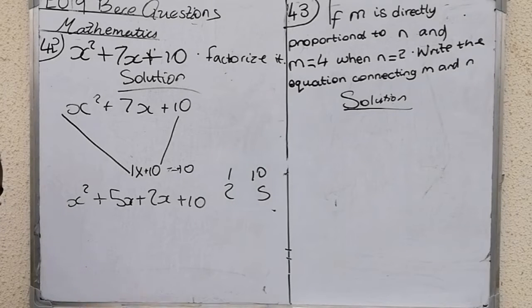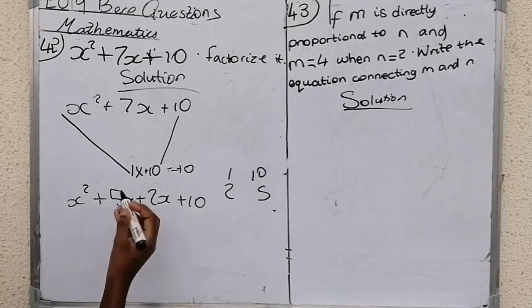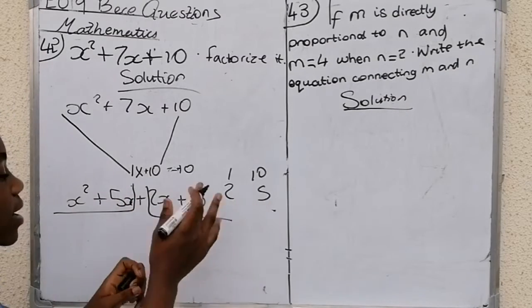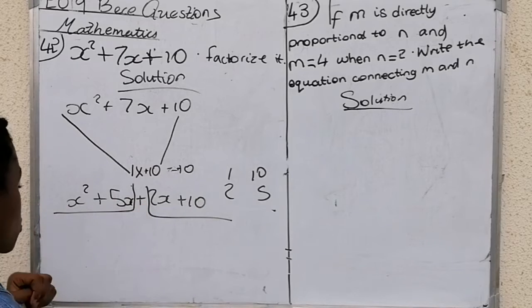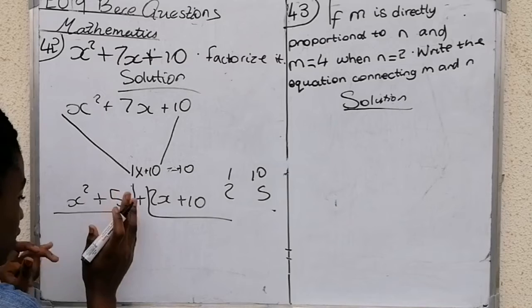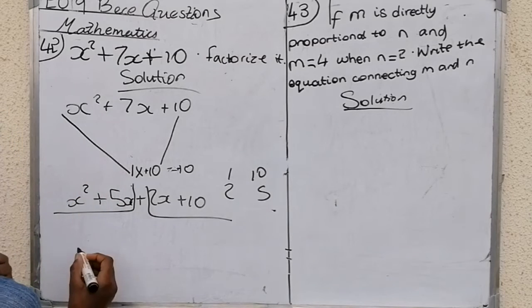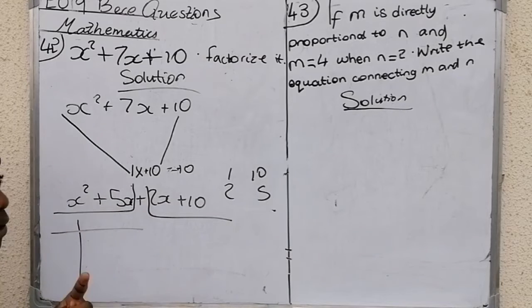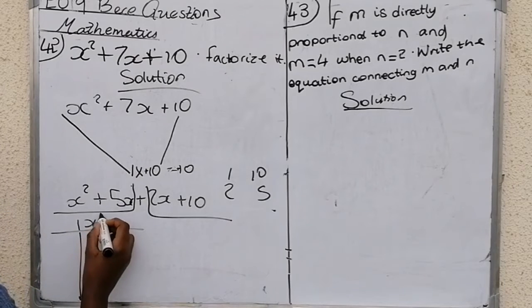Now let's try and factorize. We can break this down into a pair, two different expressions on their own. Let's find the common factor of x squared and 5x.